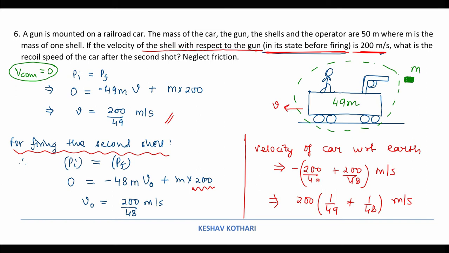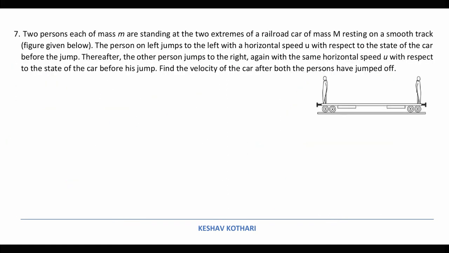If I consider the gun-shell system, initially the momentum of the gun-shell system is going to be 0, because the velocity of the shell with respect to the gun before the second shot is fired is 0, and post that it is 200 meter per second. Then when we apply the equation with respect to the earth, we add both the velocities, that is the velocity before firing the second shell and post firing the second shell.